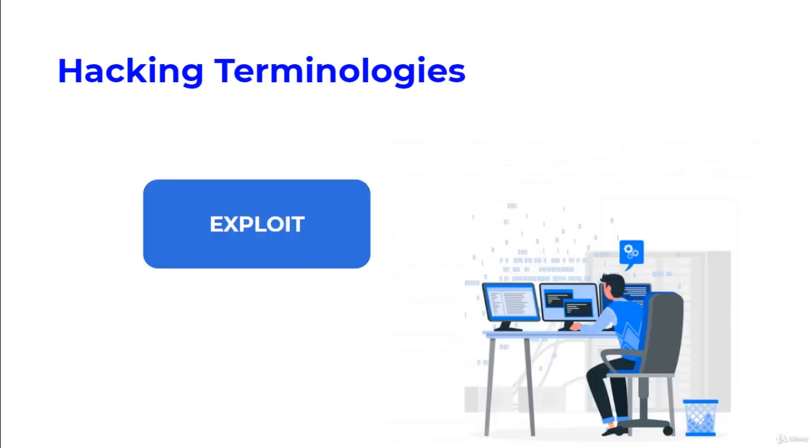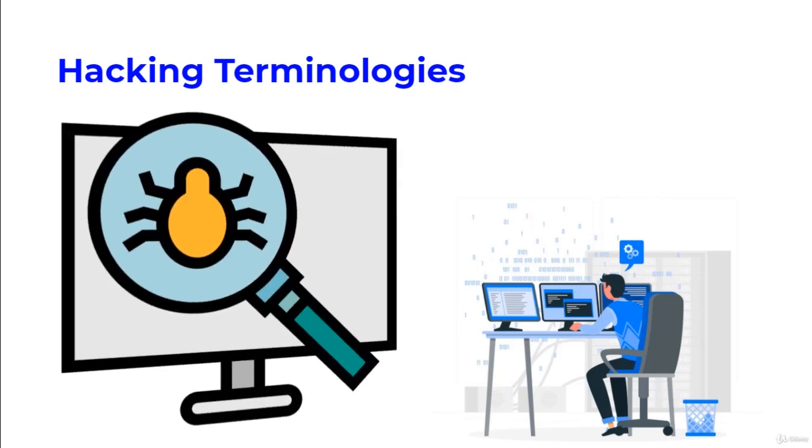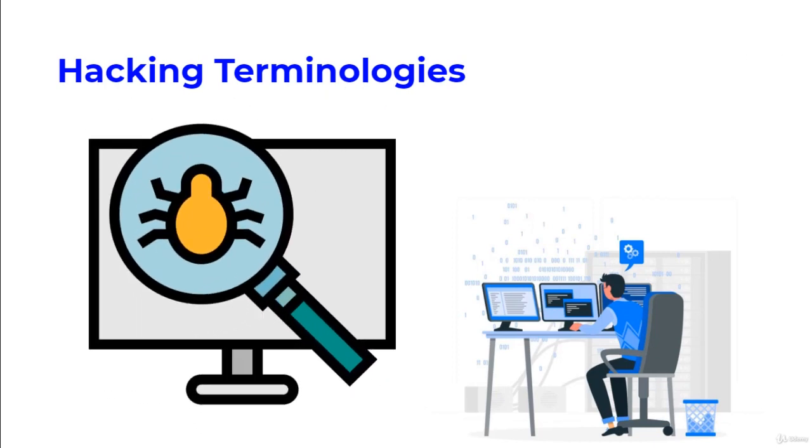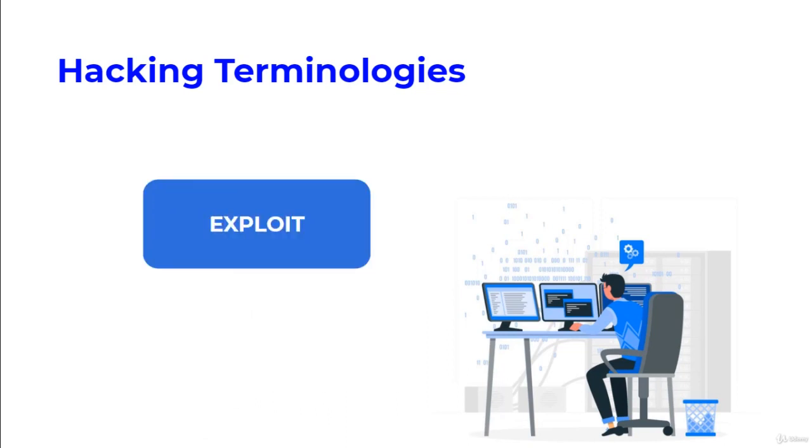The next one is exploit. An exploit is something that takes advantage of a vulnerability in an asset to cause unintended or unanticipated behavior in a targeted system, which should then allow an attacker to gain access to data or information. Exploitation is actually the next step in an attacker's playbook after finding a vulnerability.